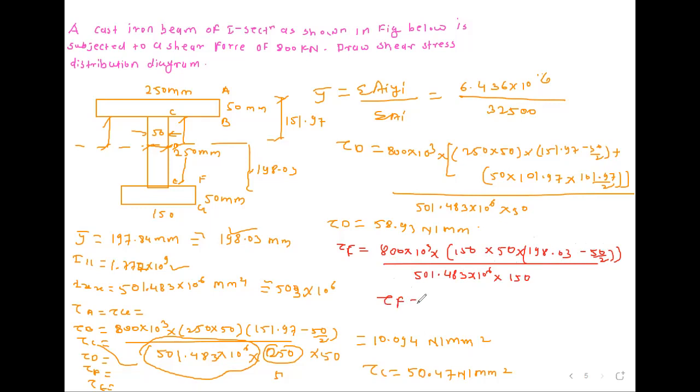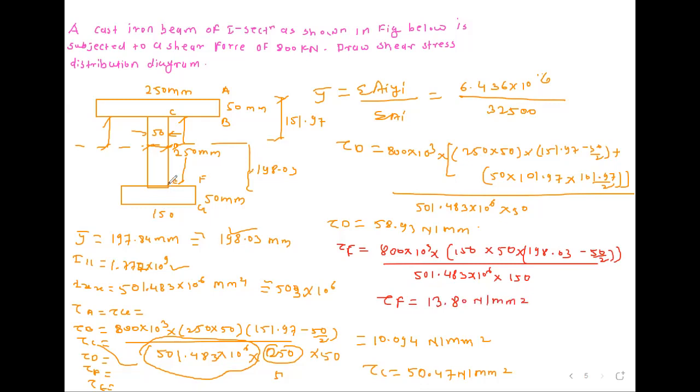So tau f which is equal to 13.80 Newton per mm square.